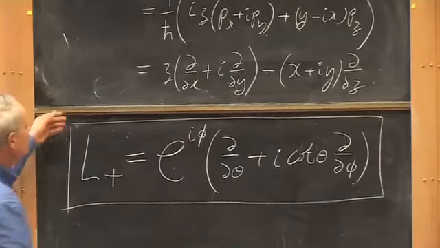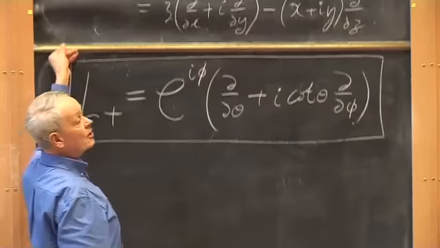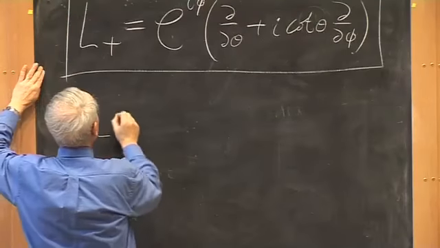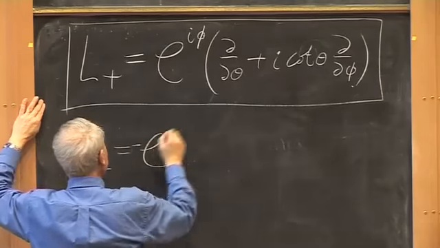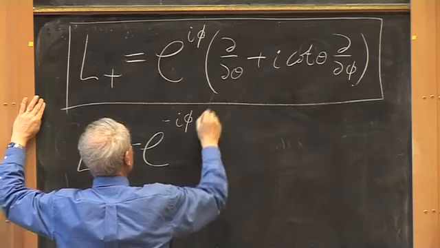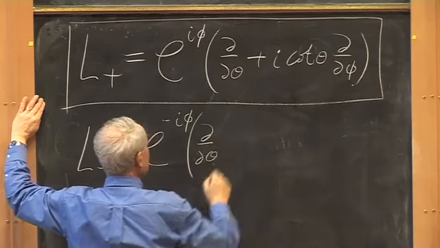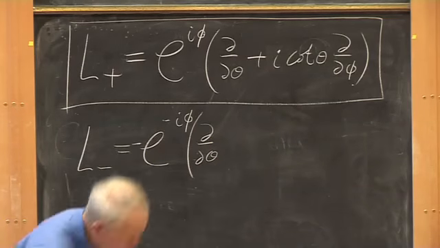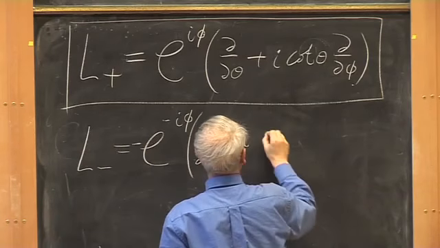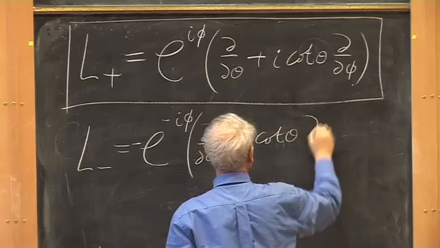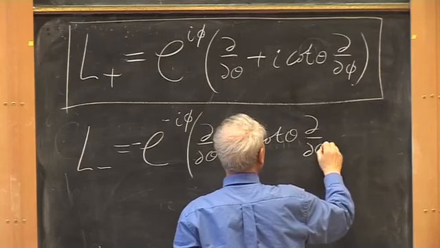There is an analogous calculation, which I'm not going to do, which tells us that L minus is equal to minus e to the minus i phi d by d theta. Is it minus? Yeah, it is. Minus i cot theta d by d phi.